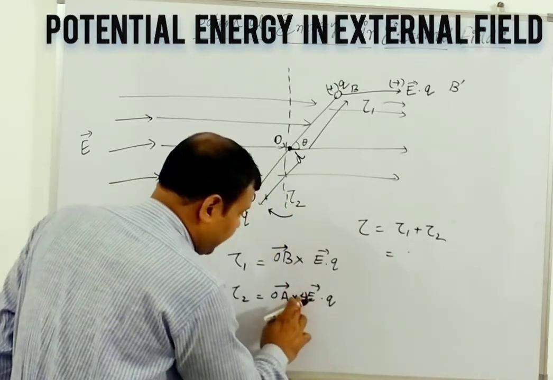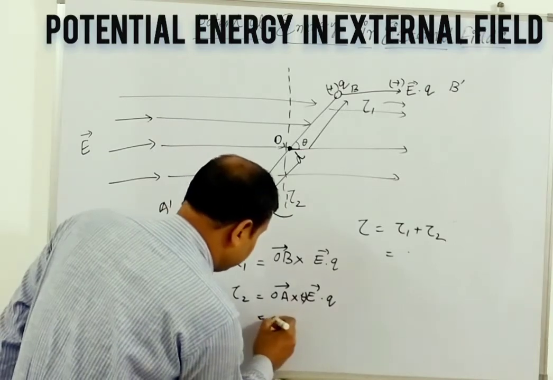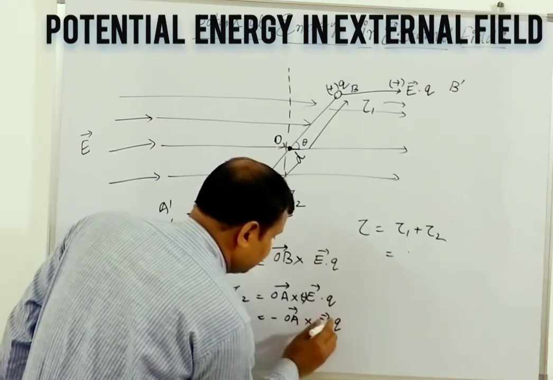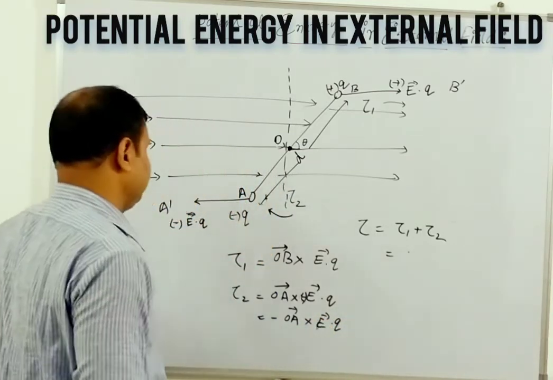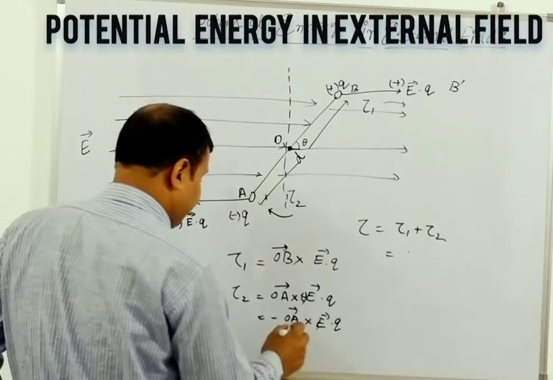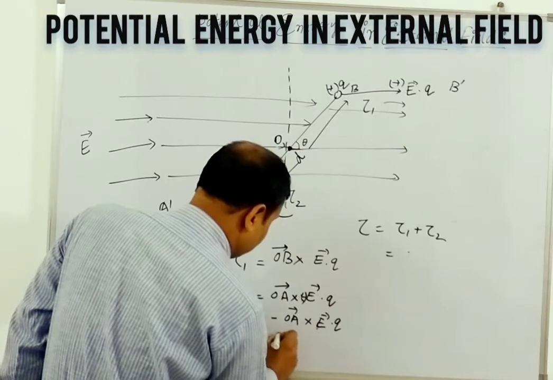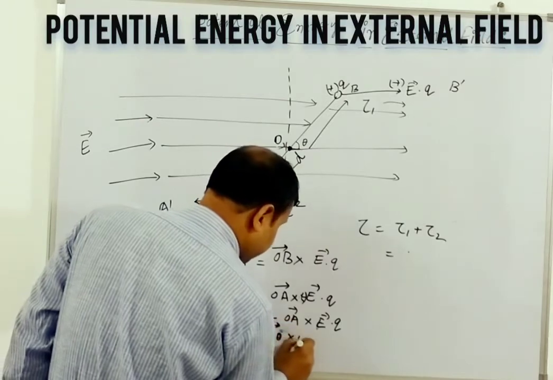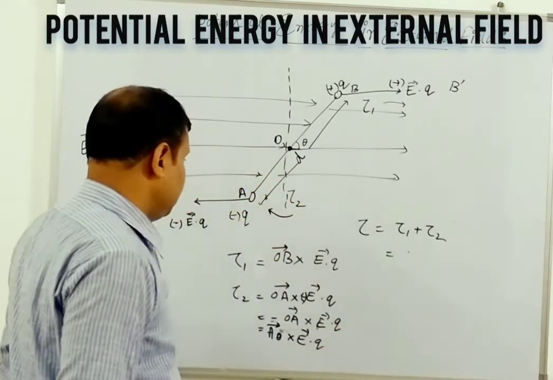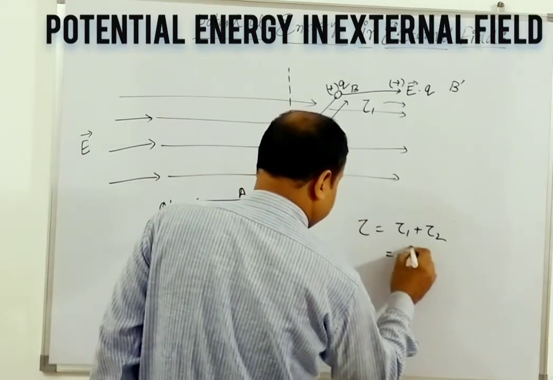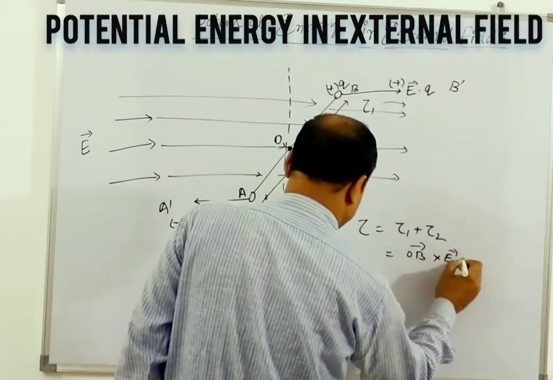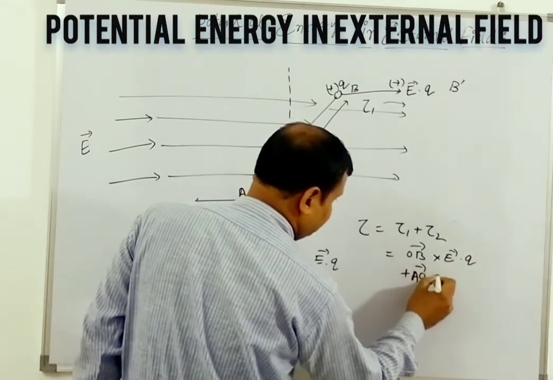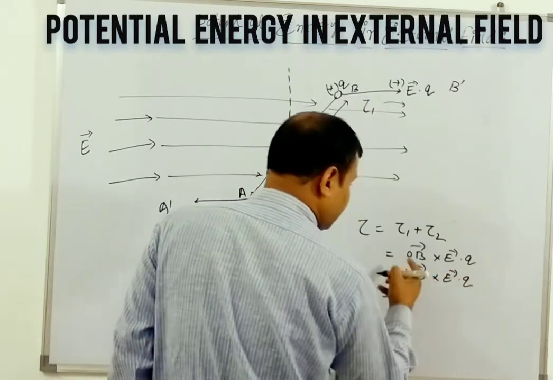And from this we can also write here, you see, negative OA vector, the position vector, and this is E and Q. So negative OA, what does it mean? You can write, this is AO vector and E and Q. So if you now add tau 1 and tau 2, OB vector into E vector and Q plus tau 2 becomes now AO vector, position vector, and E vector and Q. And what is this?